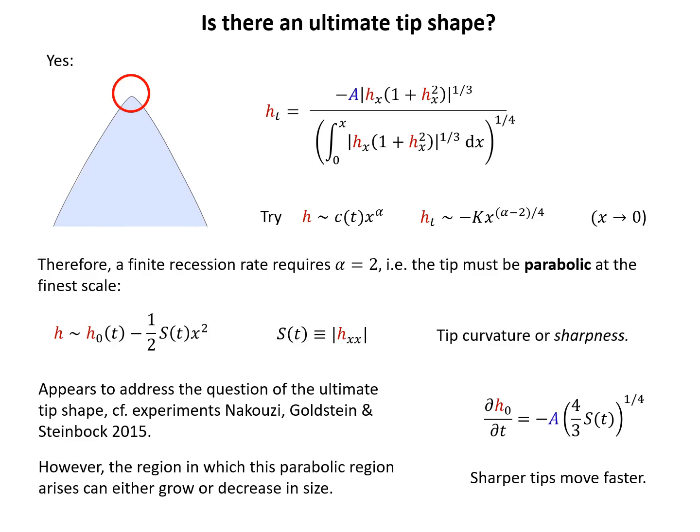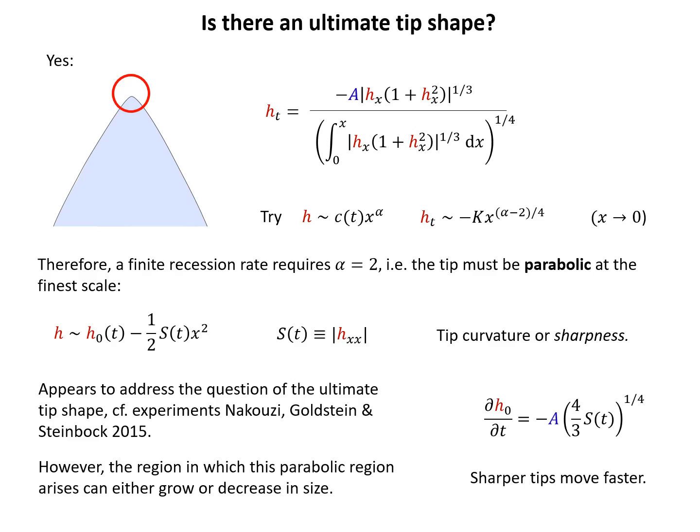We can write a general expression for the tip shape in terms of a curvature or tip sharpness, which we call S. If we take that expression and substitute it back into the governing equation, we deduce this interesting general law in the bottom right here, which relates the tip descent speed and the tip curvature S. It shows that sharper tips descend faster.